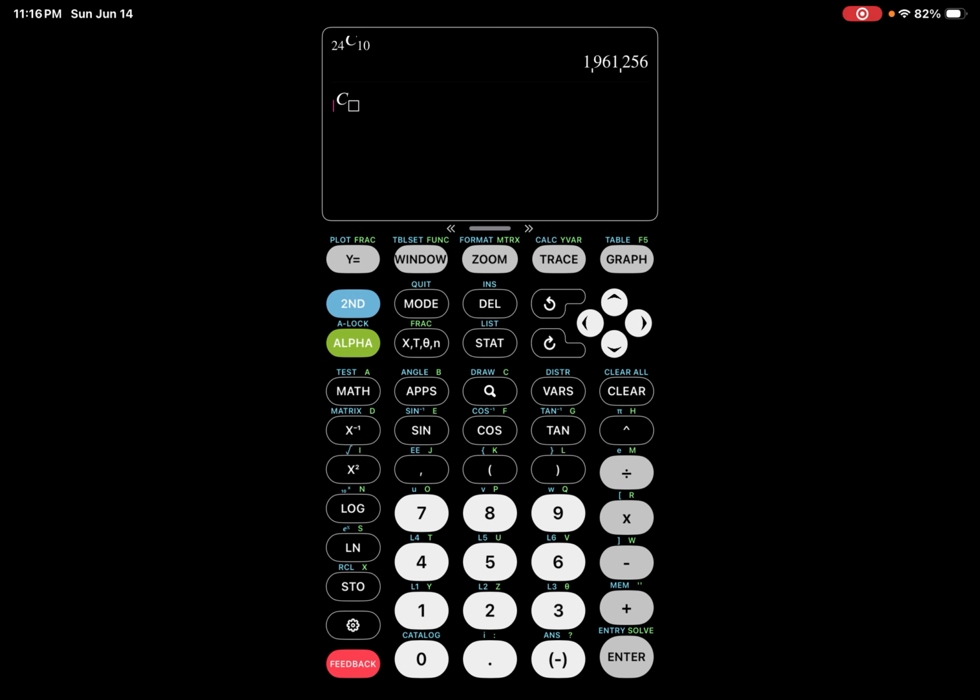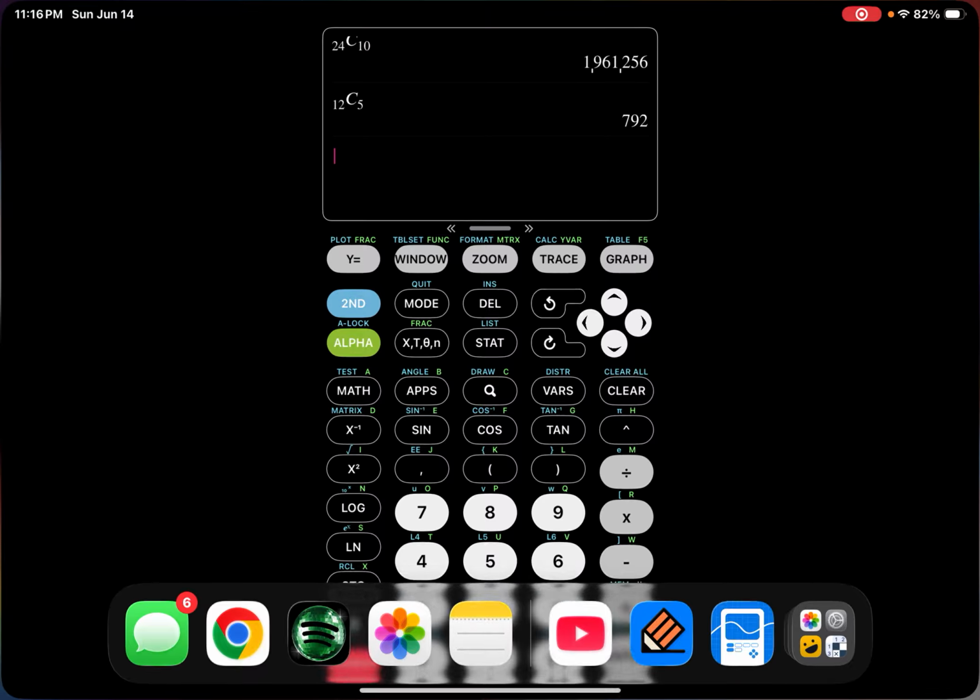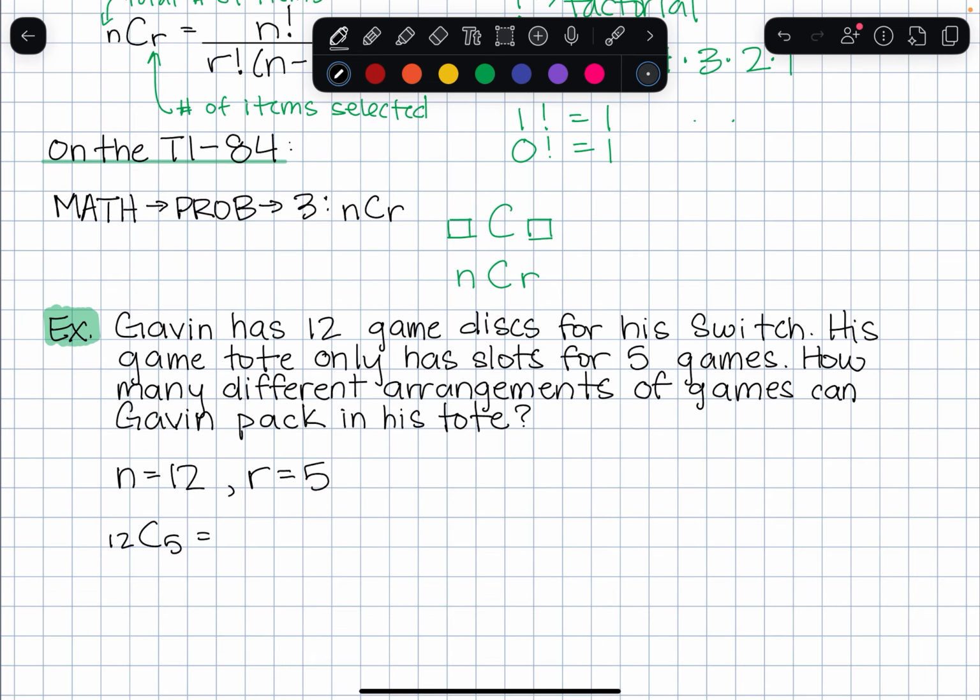And then we have 12 games, and we want to choose 5 of them. And we get 792. So there's 792 different groupings of 5 games from his 12 that he can make for his tote.